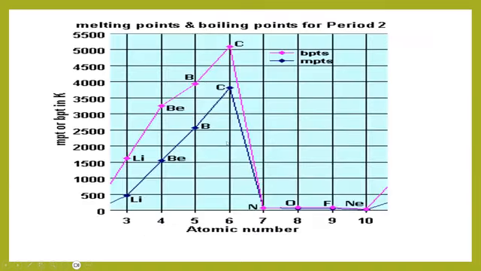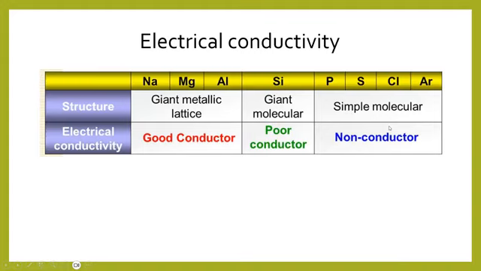If you look at boiling points, you get what we really expect across groups, that they continue up to the high point of group 4 and then drop straight back down. Electrical conductivity, there is a table, metallic, metallic, metallic.